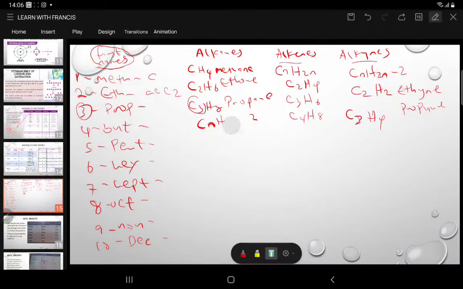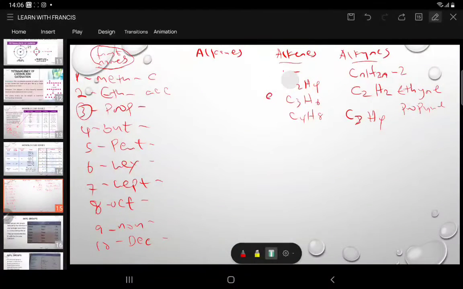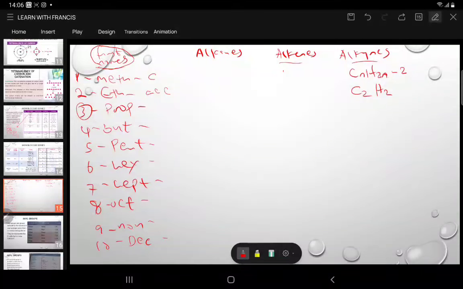So number one characteristic we're going to look at is general molecular formula. Now each of these families has the same general molecular formula. These are the formulas, like I told you. Each of them has the same. So the same formula you use to get the first member, you use to get the second member, you use to get the third.